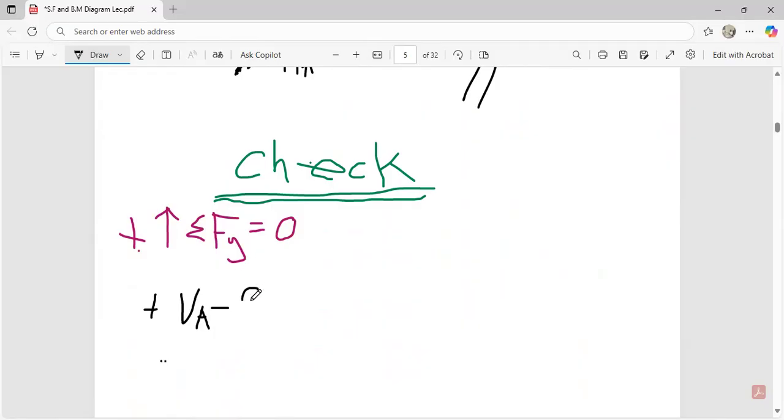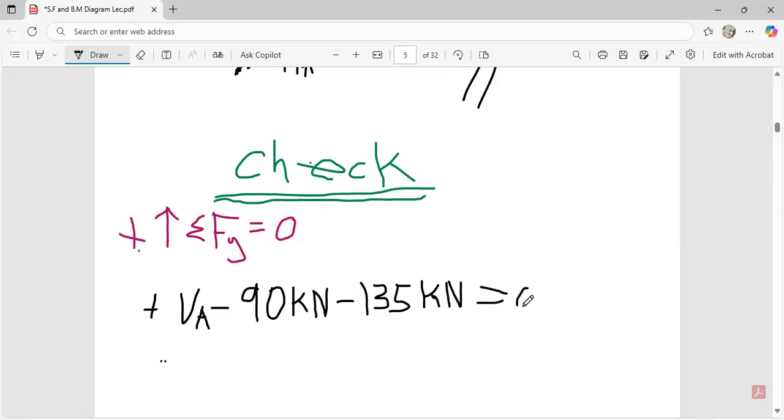Minus 90 kilonewton. Minus 135 kilonewton. At the end of the day, you can equate all to 0.